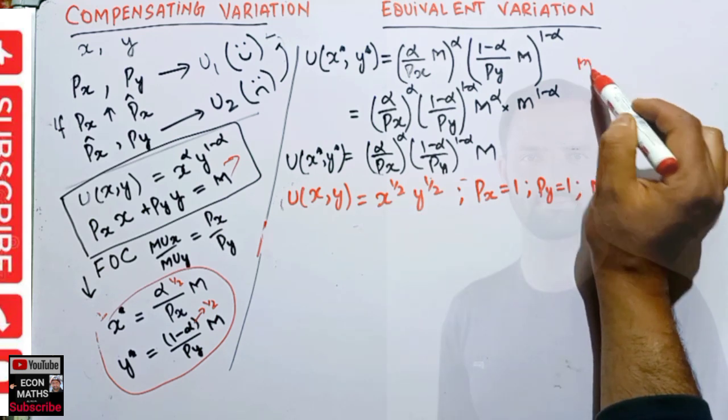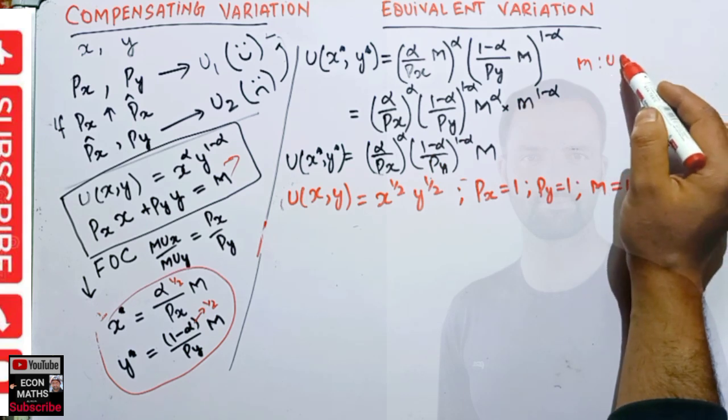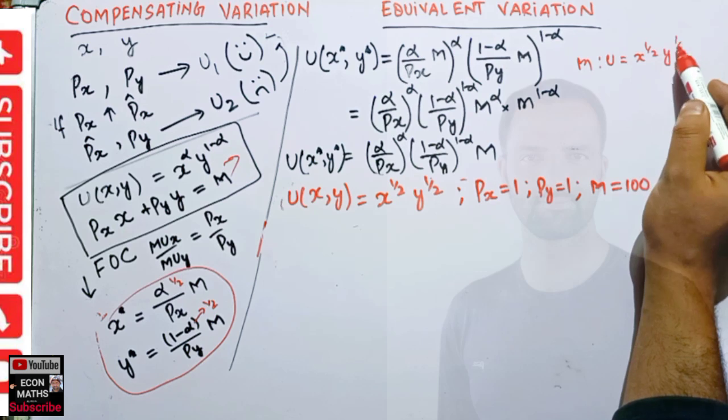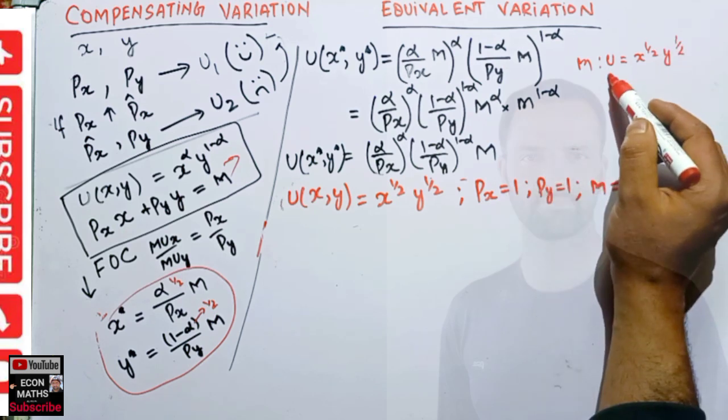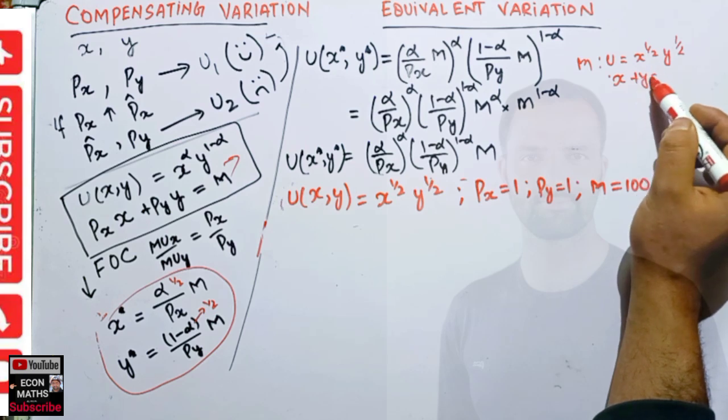We need to maximize this very utility function, x to the power 1 upon 2, y to the power 1 upon 2, subject to the budget constraint: x plus y is equal to 100.